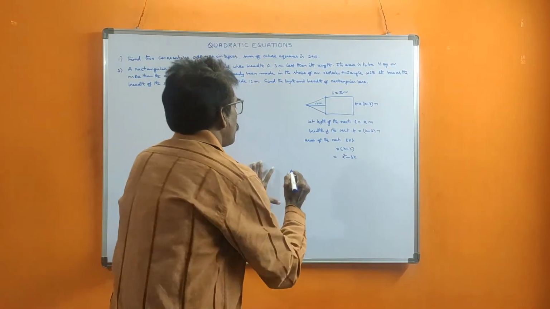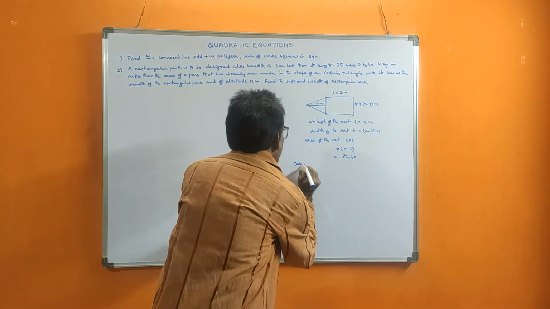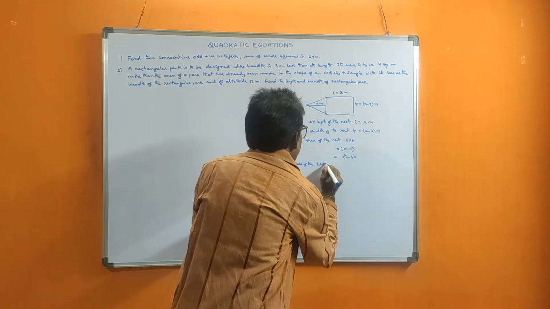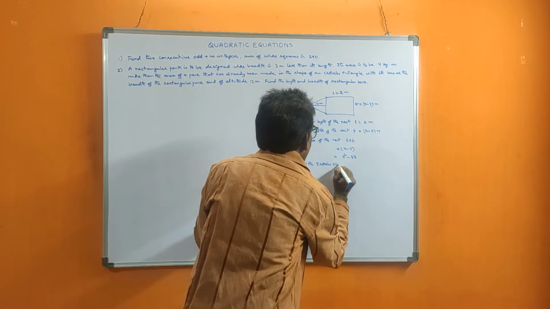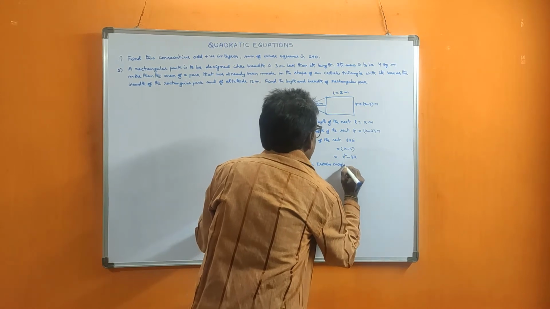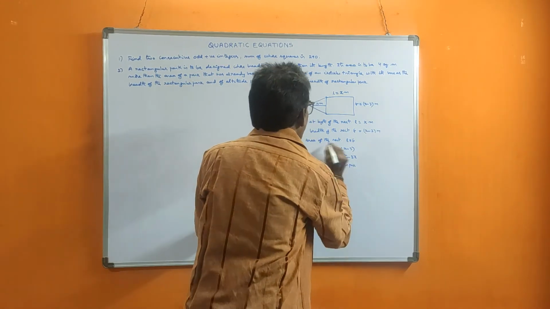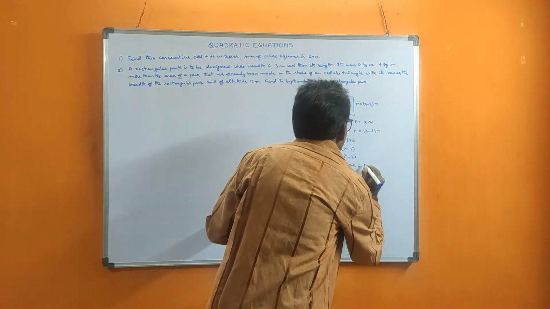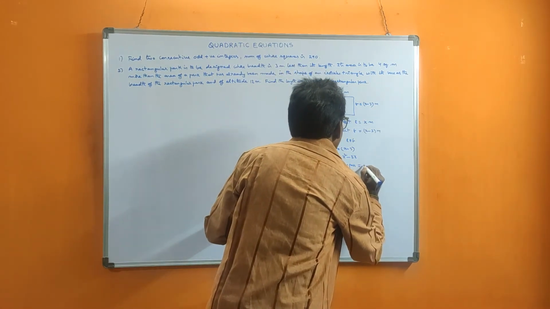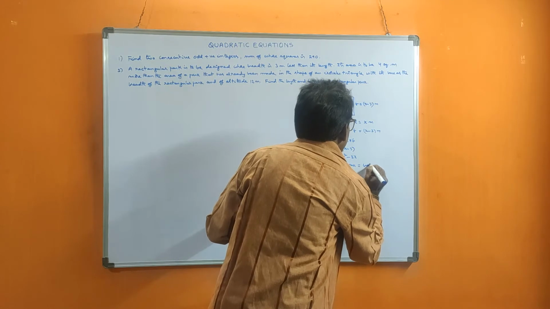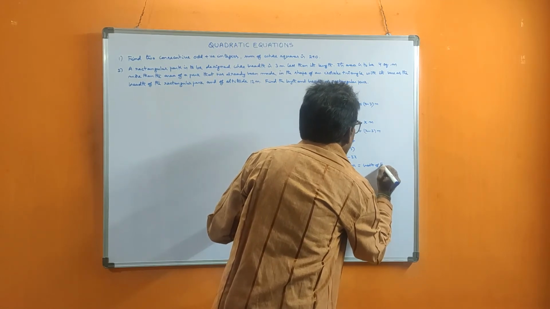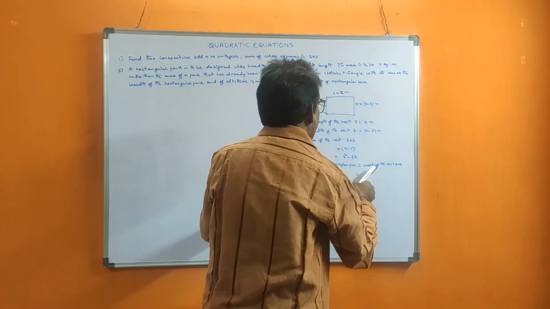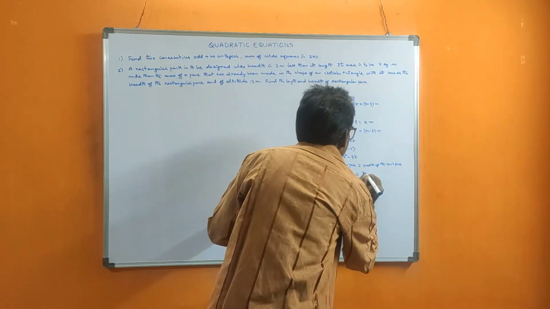The base of the isosceles triangular park, this is also a park, is equal to the breadth of the rectangular park, which is x minus 3 meters.